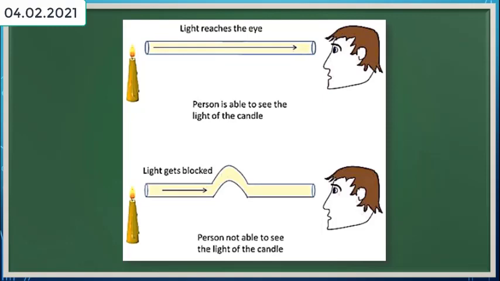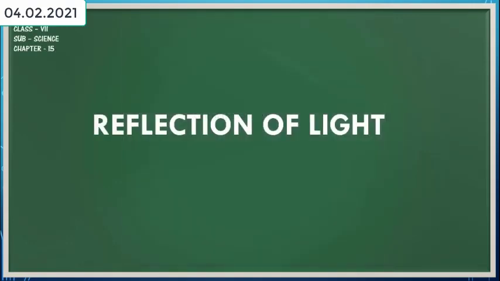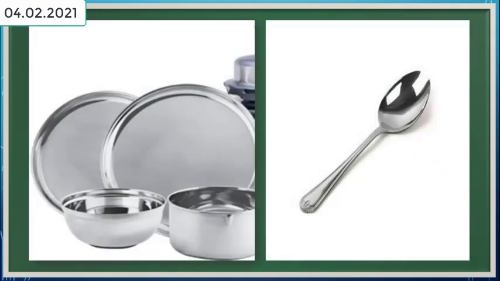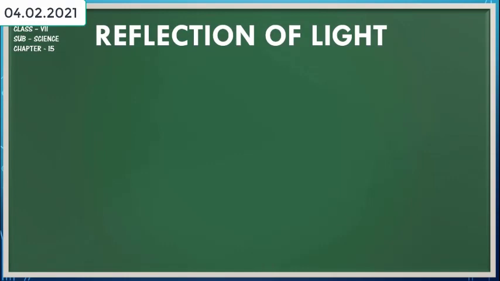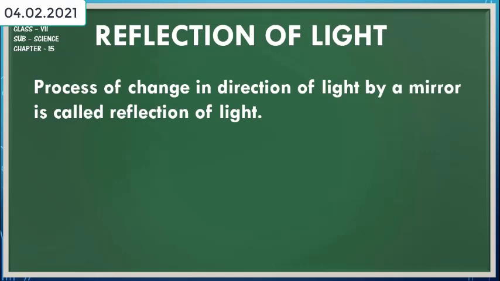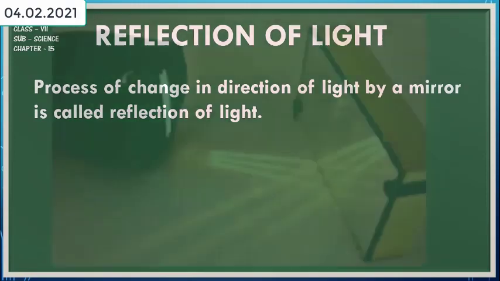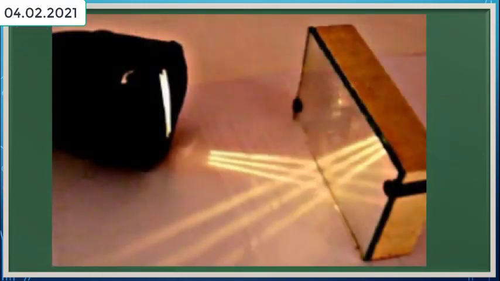This process of change in direction of light by a mirror is called reflection of light. The surface of water can also act as a mirror and can also change the path of light, and that is why we see the reflection of trees or buildings in the water.